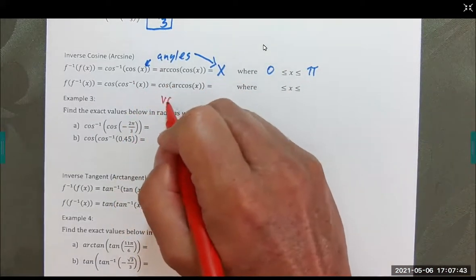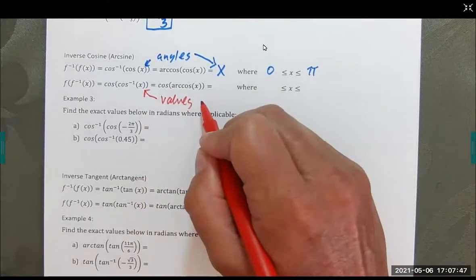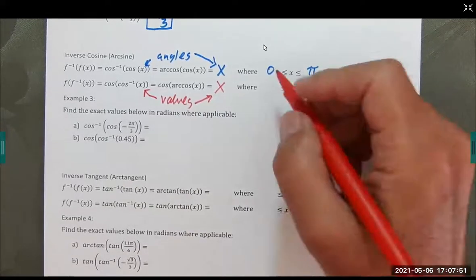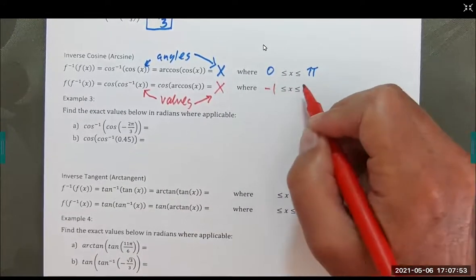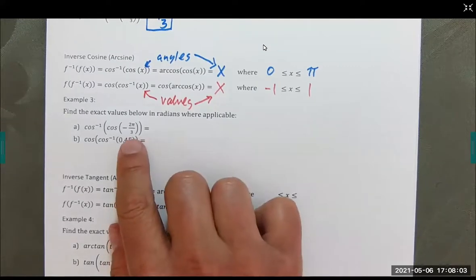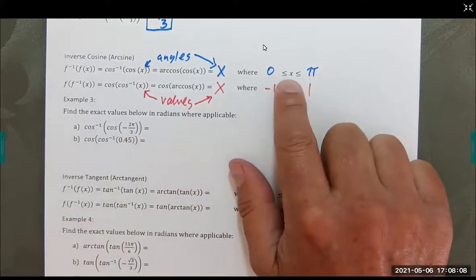So these are values here, where once again, this x is between negative 1 and 1. And we're looking here at negative 2 pi over 3. Now that's a problem because that's not between 0 and pi.